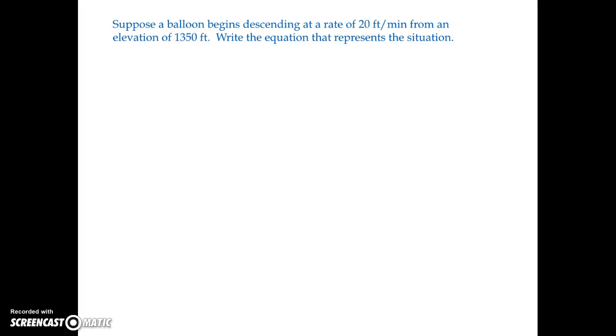Suppose a balloon begins descending at a rate of 20 feet per minute from an elevation of 1,350 feet. First part of this problem, we're going to write the equation that represents the situation. So we know since we have a constant rate, we can use y equals mx plus b. X is time in minutes, that's our independent variable, and our dependent variable is y, the elevation in feet.